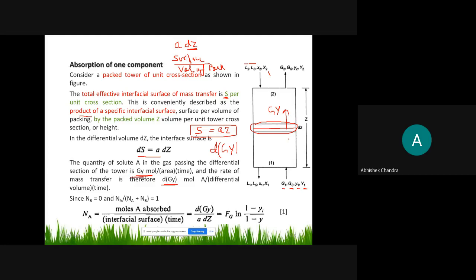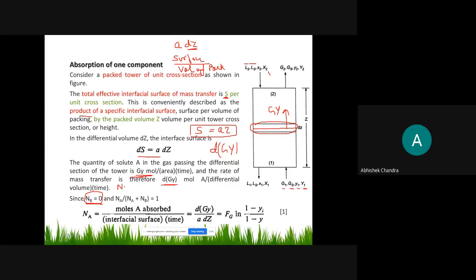One component, the solute, is transferred from the gas phase to the liquid phase. The rest of the gas, known as the carrier, does not diffuse. So B represents the carrier gas, which does not diffuse to the liquid, therefore NB is 0, and NA has some value.